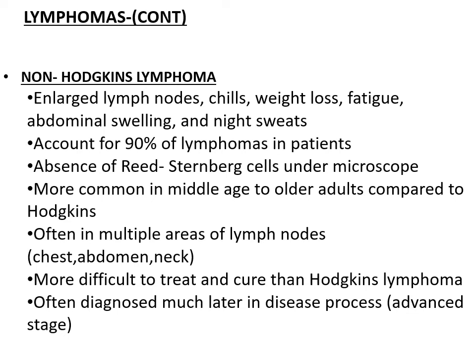And as I mentioned, multiple sites of lymph node involvement within the chest cavity, the abdominal cavity. You can get it in your neck. So really enlarged lymph nodes all over. And this particular type of lymphoma is much more difficult to treat than Hodgkin's lymphoma. It doesn't have as high of a cure rate as Hodgkin's lymphoma does to chemotherapy and radiation.